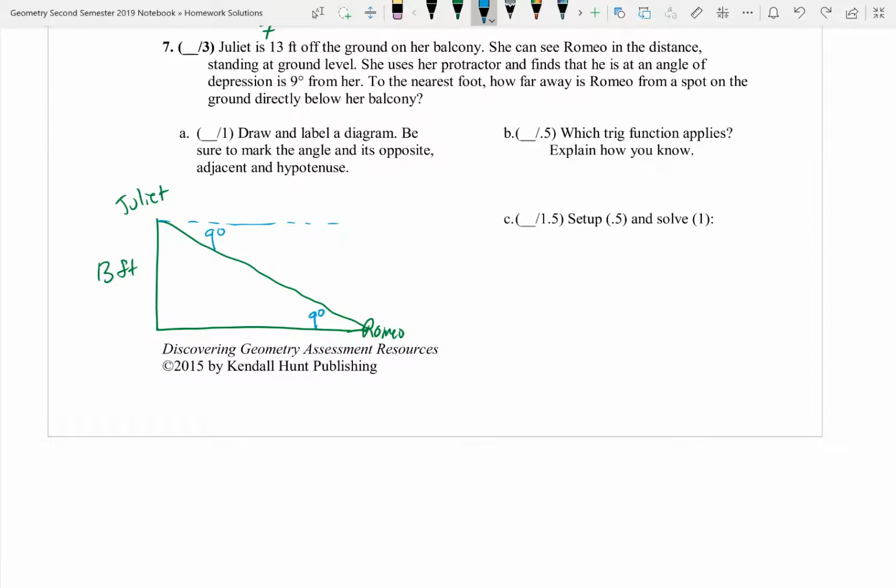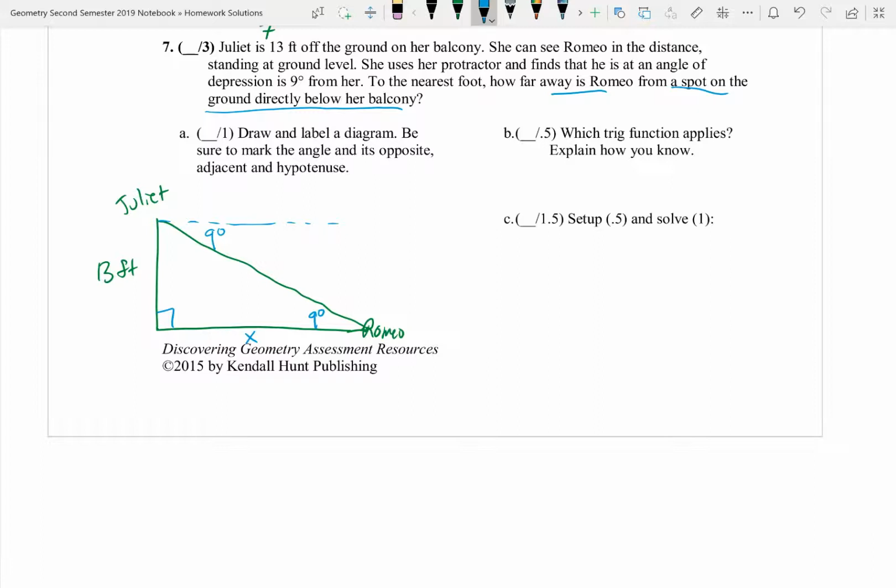So this is going to be a right angle. And so we can use SOHCAHTOA to solve. So how far is Romeo from a spot on the ground directly below her balcony? So the distance here is x. That's that distance, from a spot on the ground directly below Juliet to where Romeo is, x.